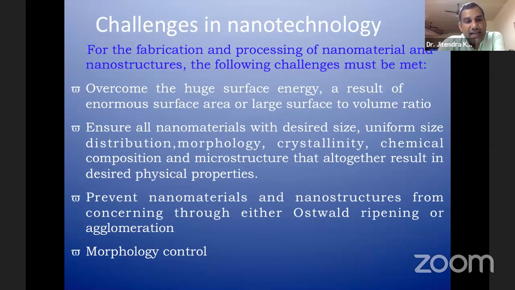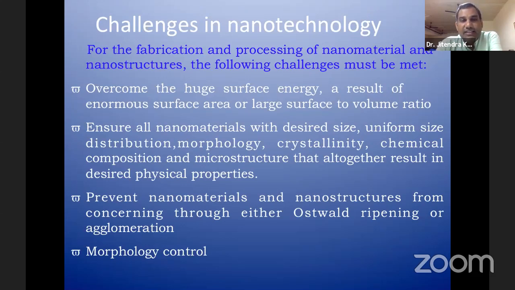So there are several challenges in nanotechnology. In the fabrication processes of nanomaterial or nanostructure, the first challenge is how you can overcome the huge surface energy, because this surface energy is affecting the surface.